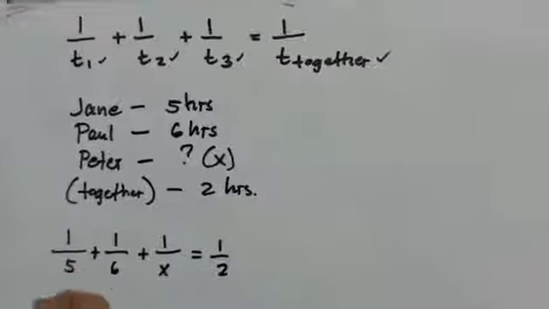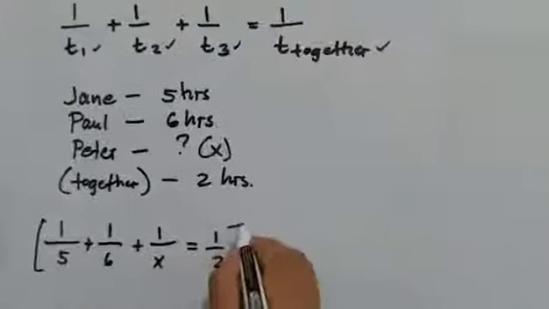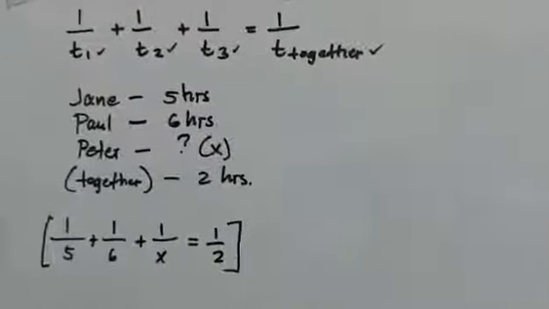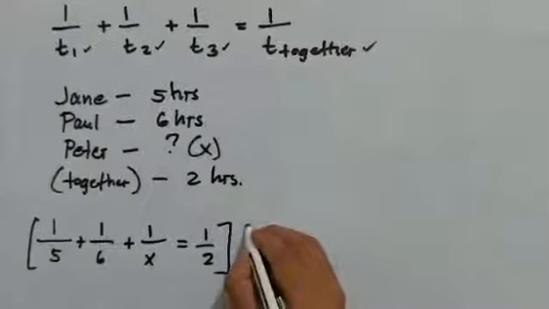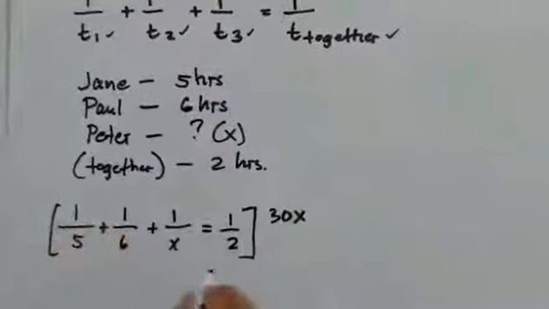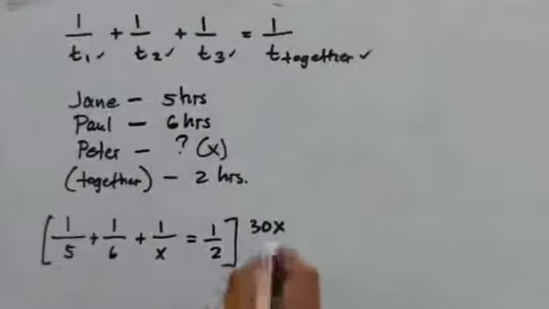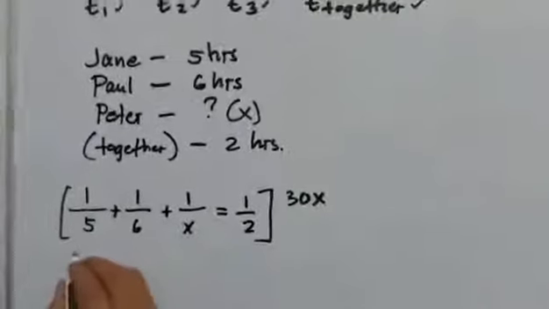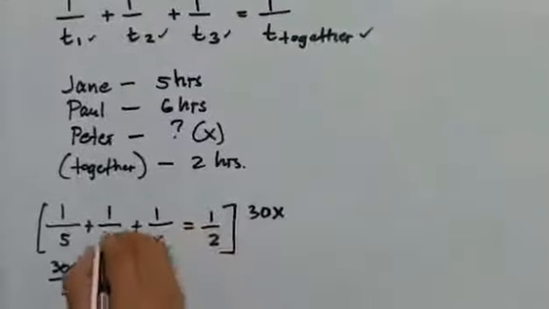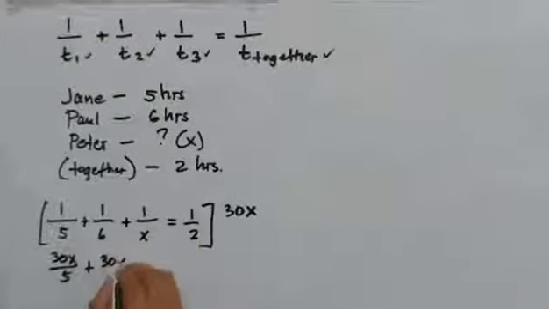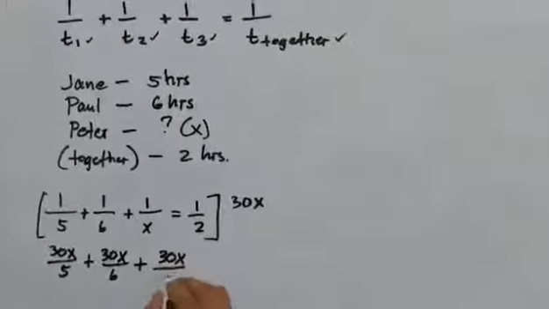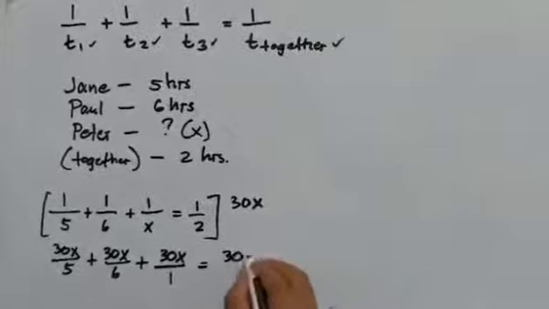Now, in order to solve the problem, this equation is to be multiplied by the least common denominator, which is 30x. So I multiply this 30x on both sides. 30x times 1 over 5 is equal to 30x over 5, plus 30x times 1 over 6 is equal to 30x over 6, plus 30x over x equals 30x over 2.